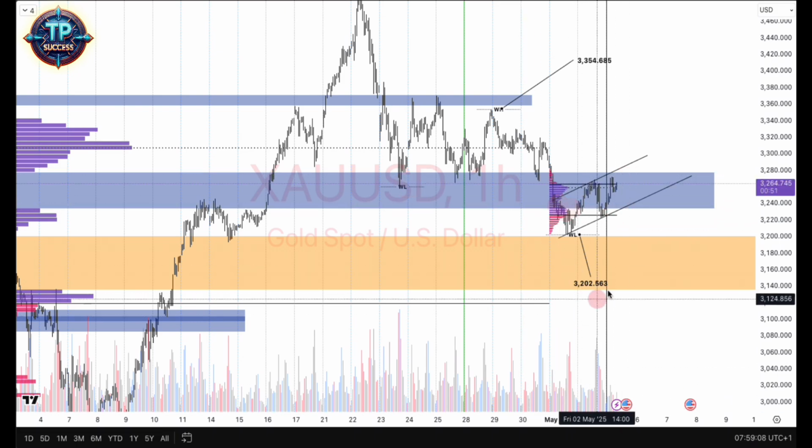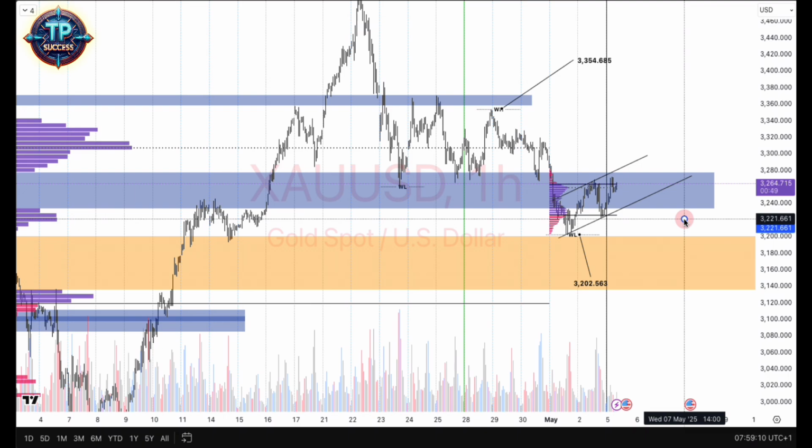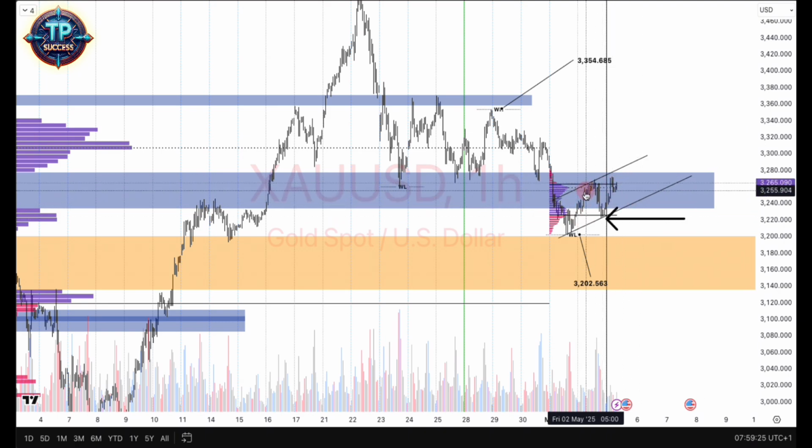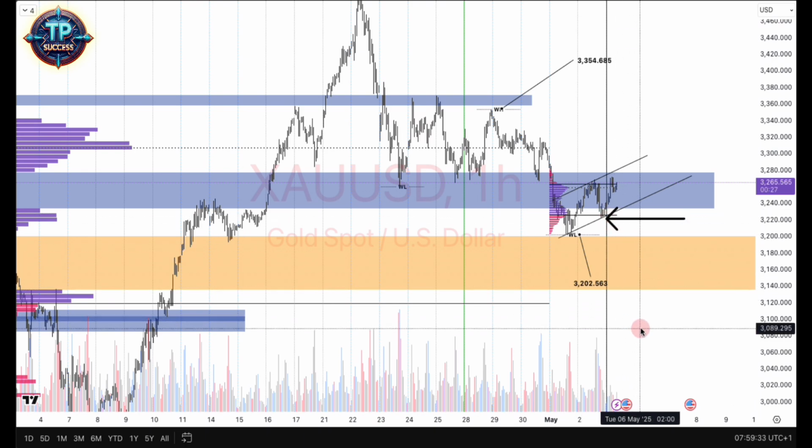So in my mind, this is the zone that I would be looking to take sales from. It will be under the low value node area, and it will be outside of this structure. So that will give me the confirmation that I need to say that I can, at the bare minimum, have price come all the way down.